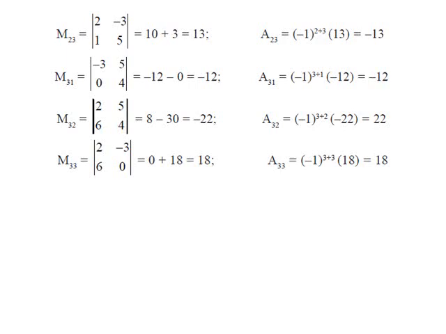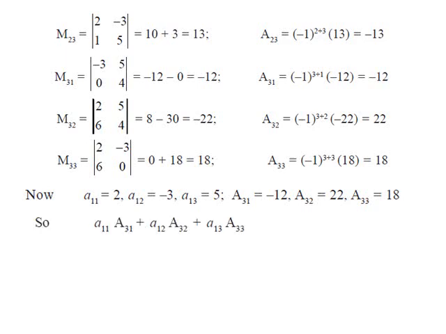Now, for the second part of the question, first write the values of elements a11, a12 and a13 as 2, minus 3 and 5 respectively. Then cofactor a31 equals minus 12, cofactor a32 equals 22 and cofactor a33 equals 18.